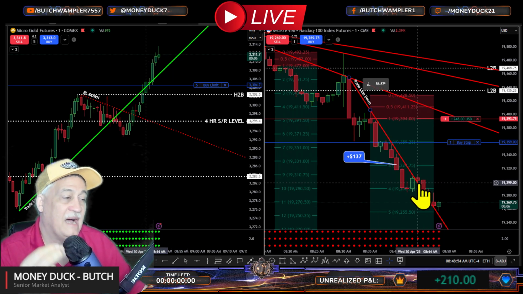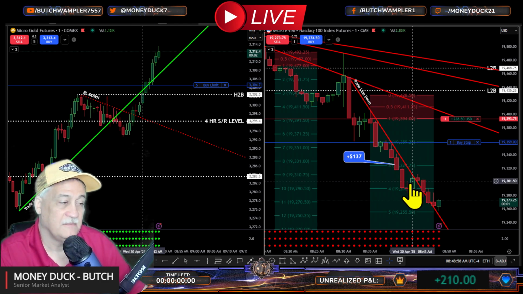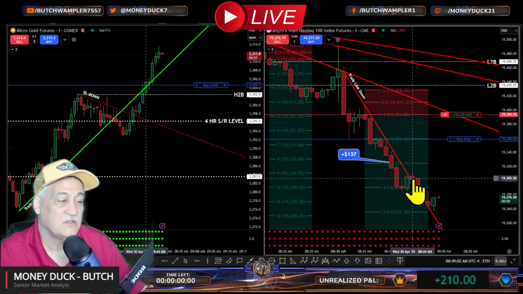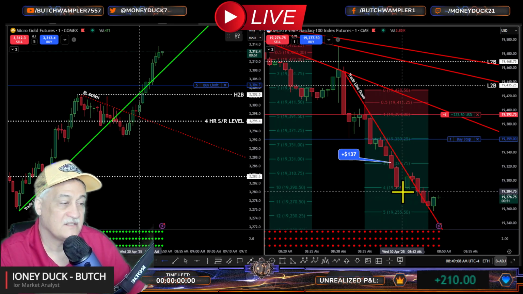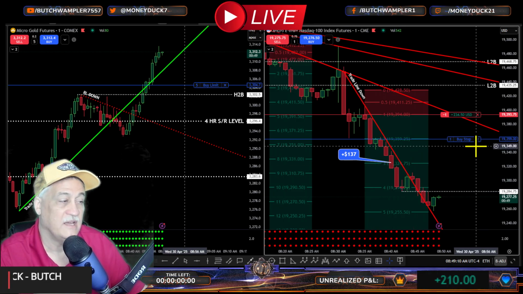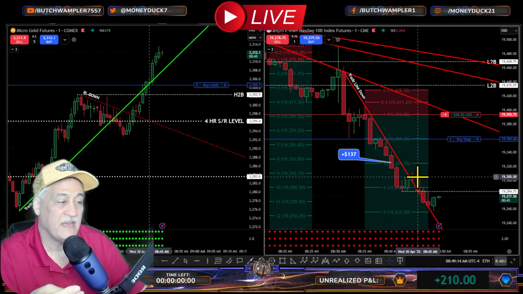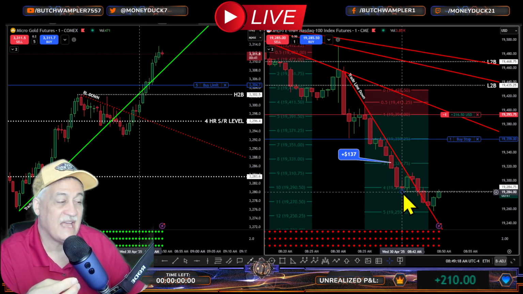So I will move this after an extension. What I mean by that is it broke this trade line, but then it extended down past the low, past what was the current low. So again, it came down, made a low, pulled up, broke that trade line, but then over here, it extended past that low.